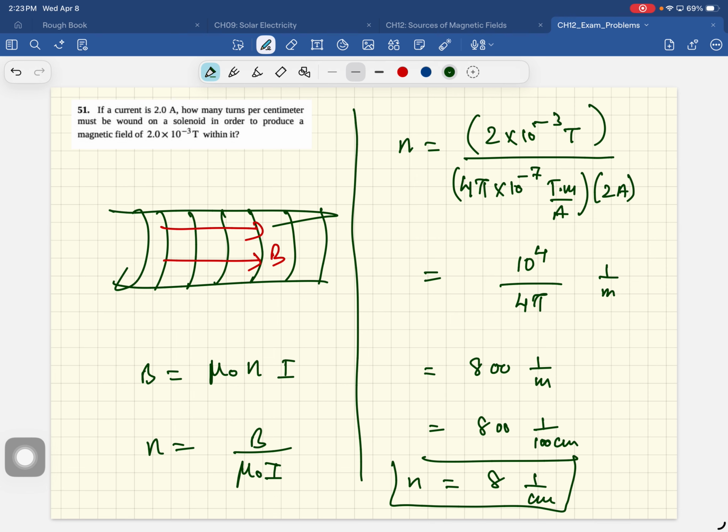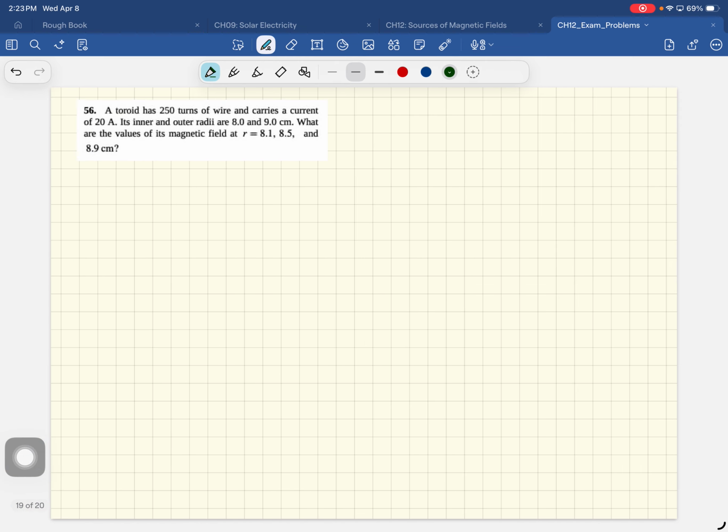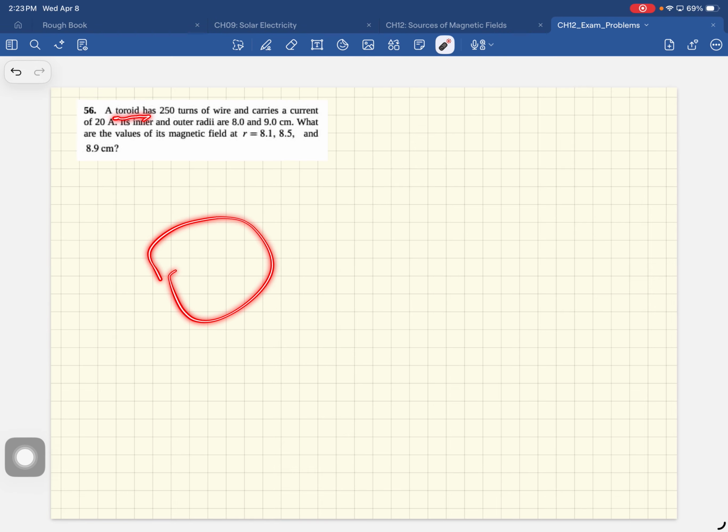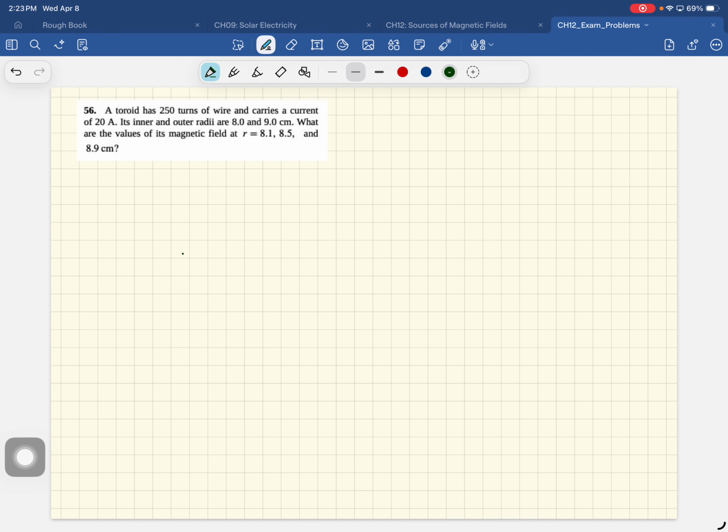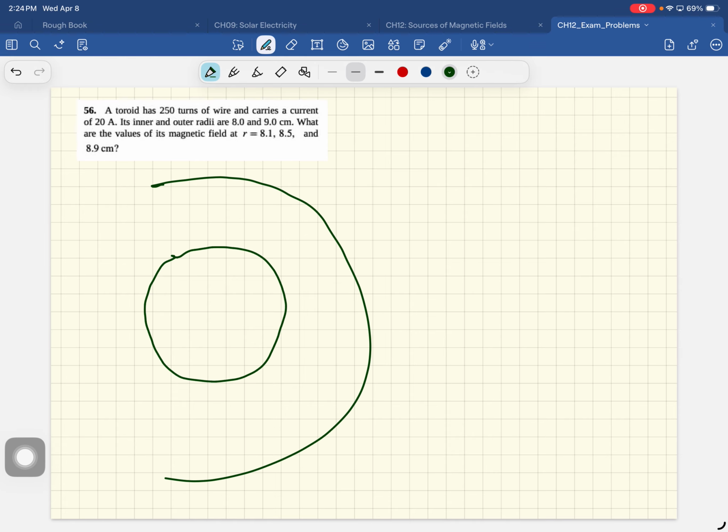If you look up your notes, N divided by 2 pi R: like I said, if this dimension is small, 2 pi R is the circumference, and N divided by that gives you the number line density, which was denoted by small n. I, the current, is 20 amps, divided by 8.9 centimeters.